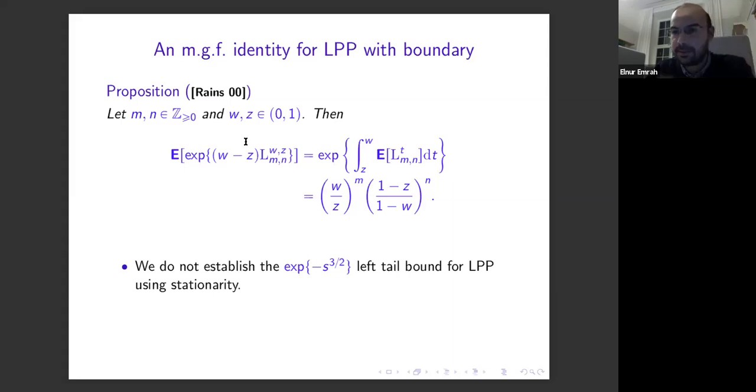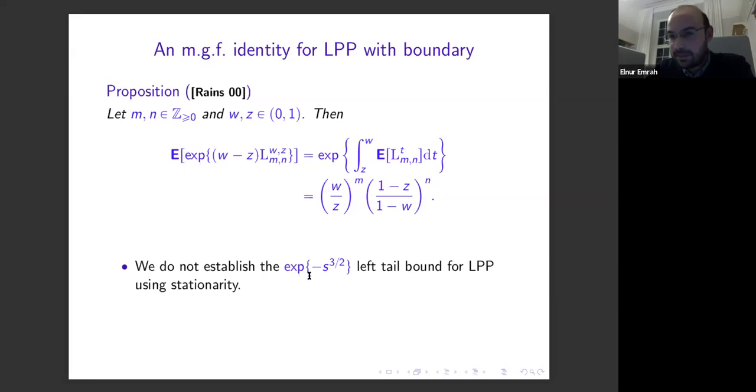There's an identity that goes back to work that was recorded in a preprint of Eric Rains in early 2000. It's an identity that relates the moment generating function of the LPP with boundary weights evaluated at certain exponents to an exact expression.